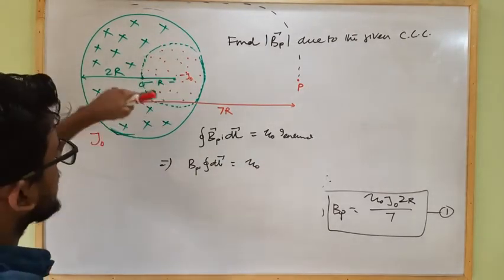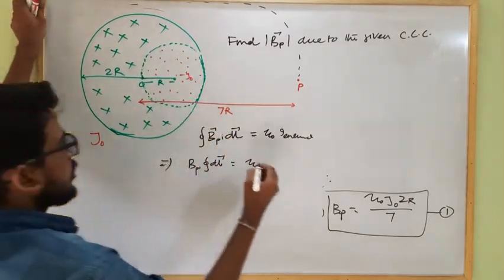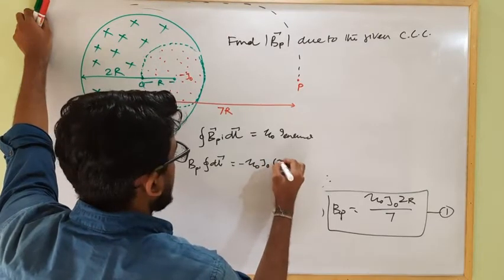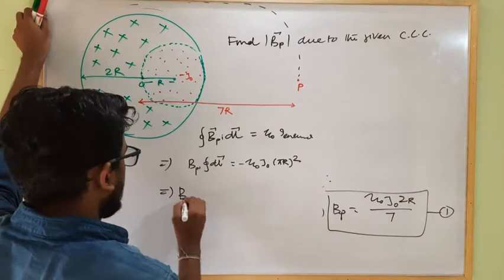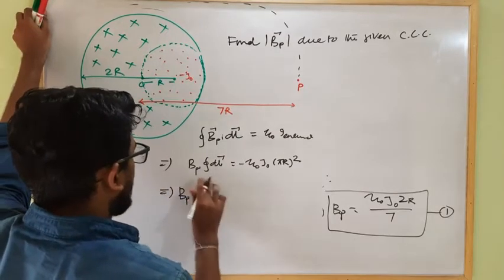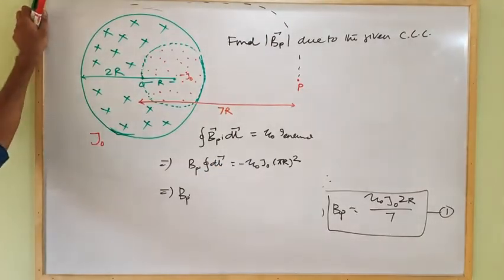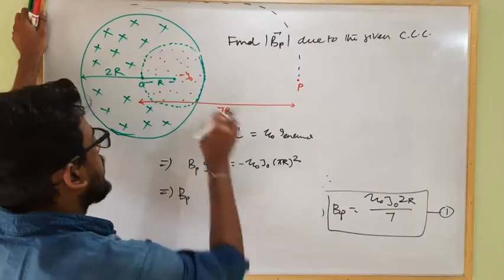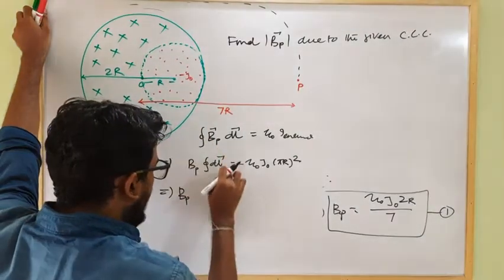The complete size of this cavity will have radius r, so it will be minus J naught pi r square. Simply write B P dash as B at P due to this segment. So B at P into the line integral of dl.